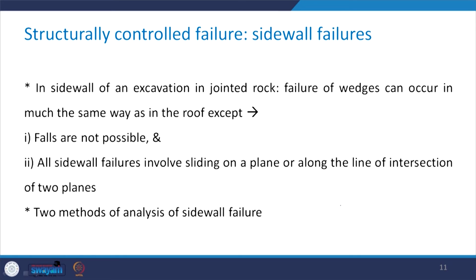Now, as we mentioned, there are two methods for the analysis of side wall failure. We discussed the first method, how the construction of the stereographic projection is done along with the projection on a vertical plane parallel to the side wall, and then how the height of the wedge can be determined.